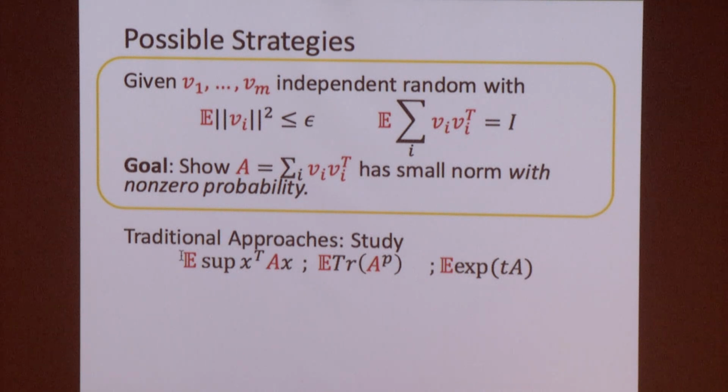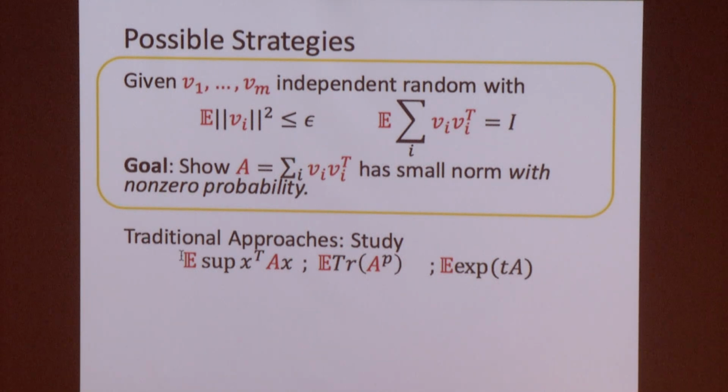It's not such a nice quantity. So instead you use this variational characterization of the norm, or you control the norm using traces of high powers of the matrix, or maybe the moment generating function, and so on.